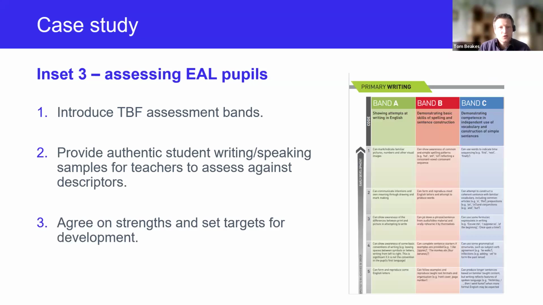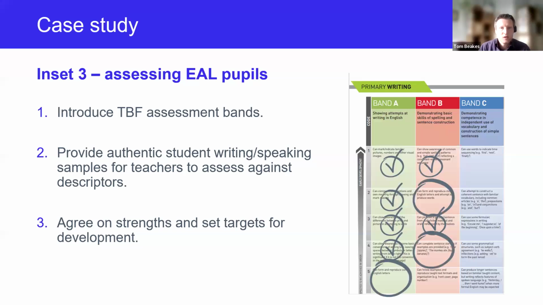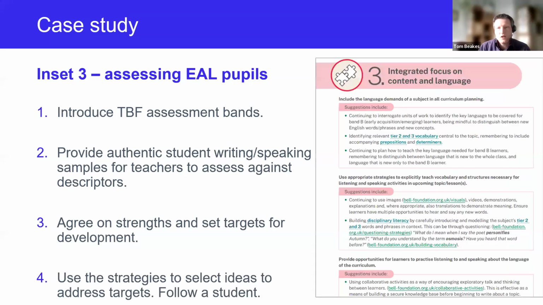The teachers could agree on strengths and also set targets for development based on those samples. And as a follow-up activity, they could use the strategies document to select ideas to help students reach those targets.